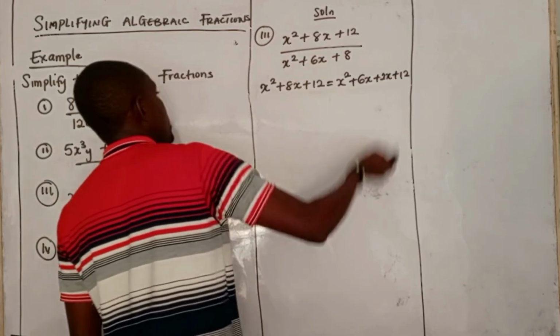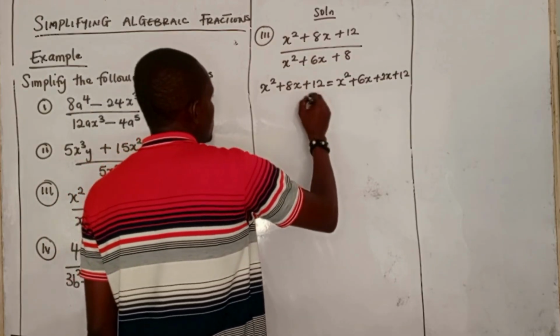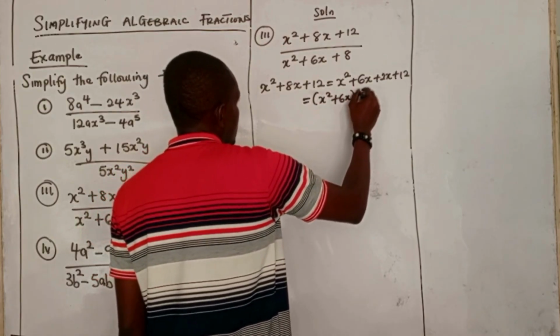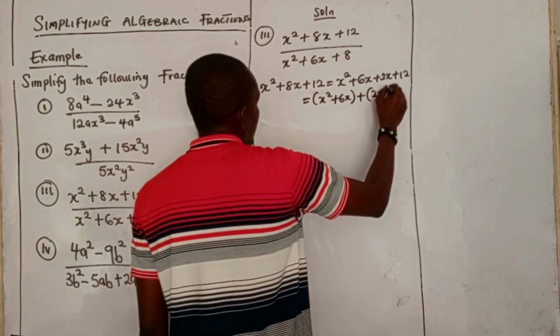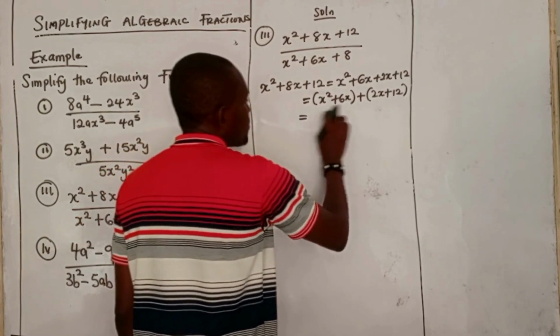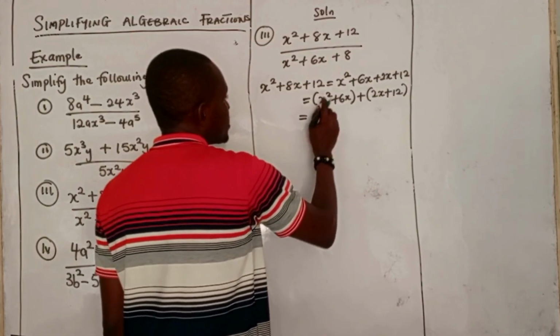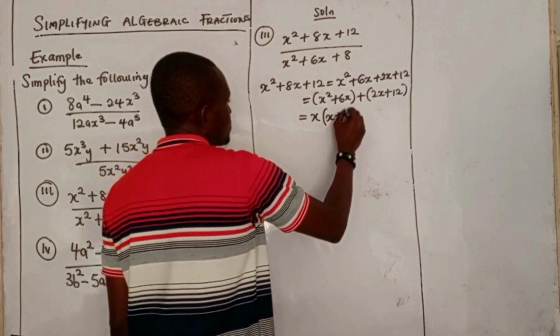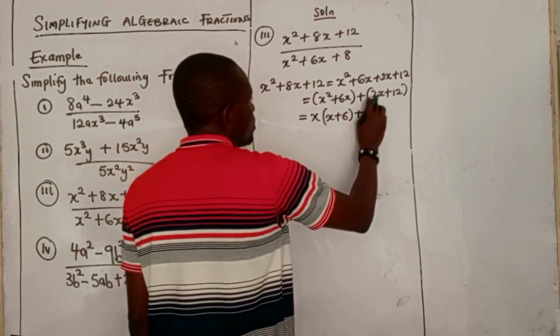So now we have to group them in twos. We are going to have x squared plus 6x in one bracket, plus 2x plus 12 in another bracket. By the time you factorize the first bracket, the common factor here is just x. So when x comes out, you are going to have x plus 6. And here, what is common?